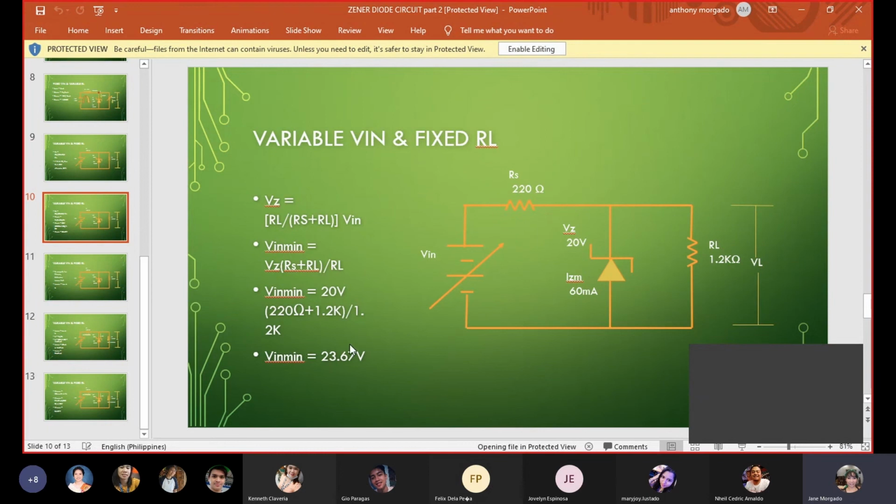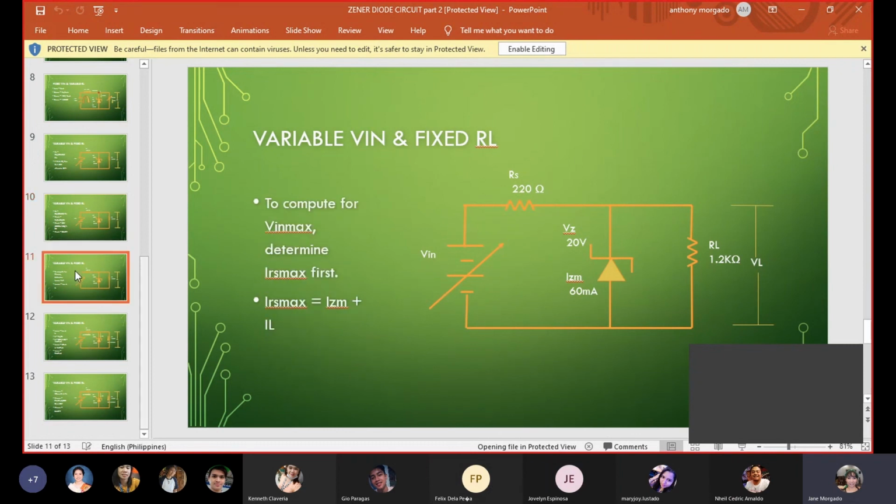So the minimum input voltage is 20 volts times 220 ohms plus 1.2K over 1.2K, so 220 plus 1.2K over 1.2K. We have an input voltage of 23.67 volts. That's the minimum required input.